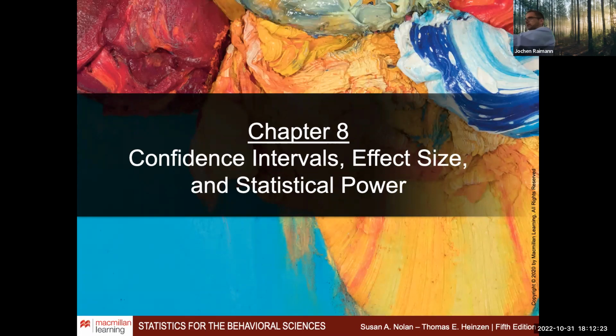You're doing that by calculating a difference between your sample mean and the population mean, and you standardize this difference by the standard error of the mean, where the standard error of the mean essentially is the standard deviation of the population, so the variability found in the population, divided by the square root of the sample size.